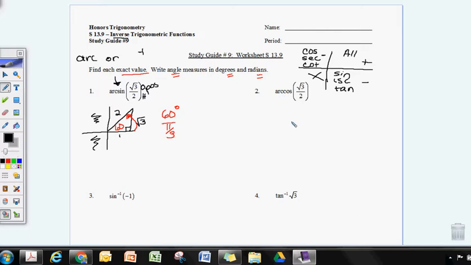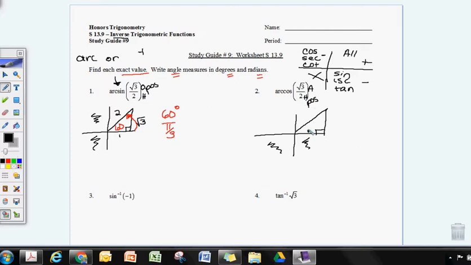So now we're looking for an arc cosine. Our cosine is either found in quadrant 1 or quadrant 2. It is positive, so it is going to be found in quadrant number 1. Cosine stands for adjacent over hypotenuse.